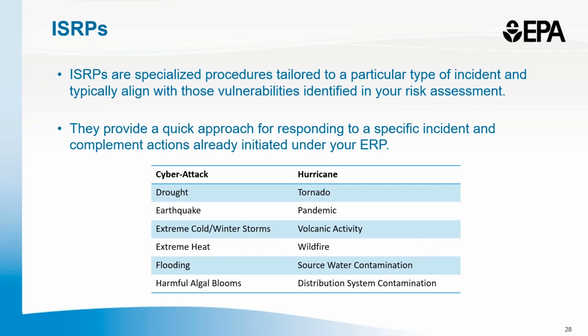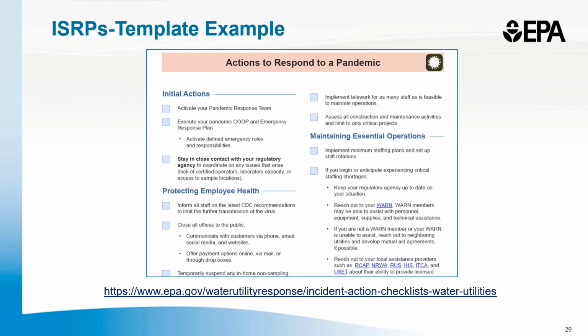The pandemic one was updated in March of this year, and we also have one on power outages now as well. This is an example of the pandemic incident action checklist, where it would have actions to respond to a pandemic, the initial actions, how to protect employee health, how to maintain essential operations. And so on this website, you can have access to all of EPA's checklists and then incorporate those into your emergency response plans.